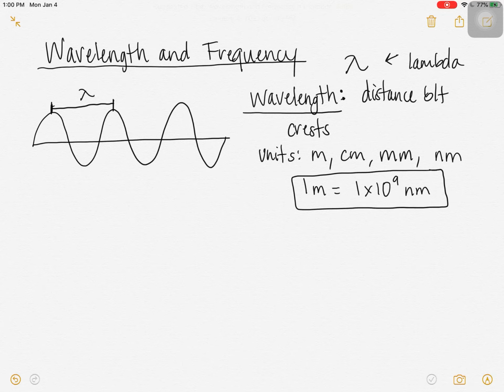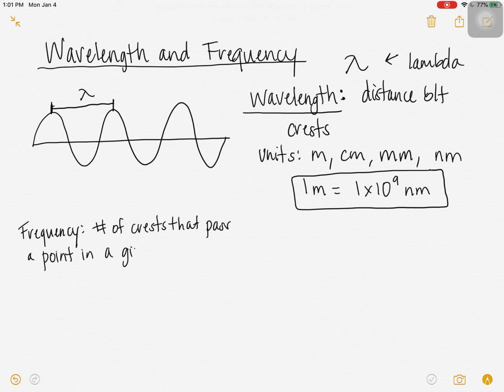The other variable that we spent some time discussing is frequency. Frequency is a little bit trickier to explain, and I kind of defined it as the number of wave crests that pass a point in a given amount of time.